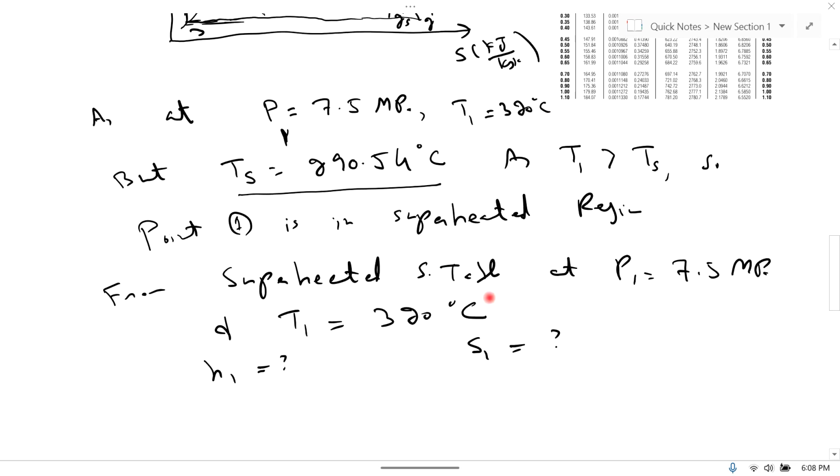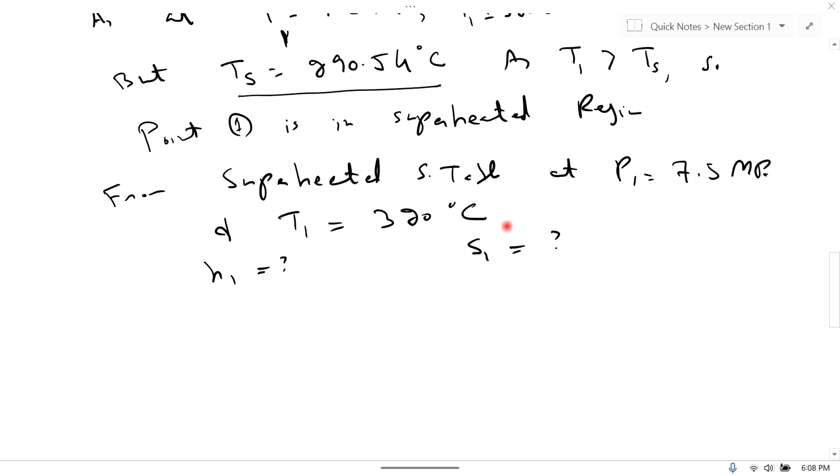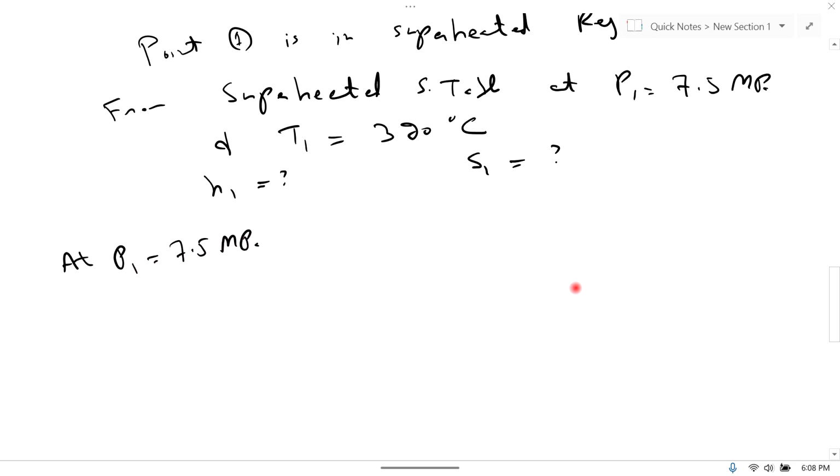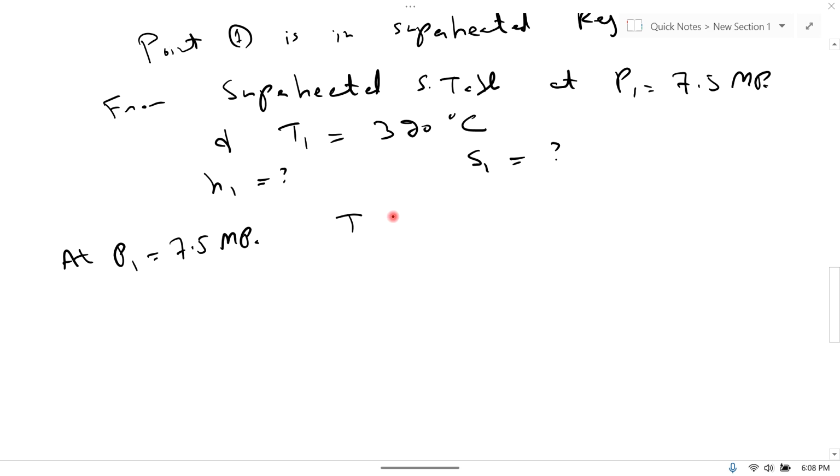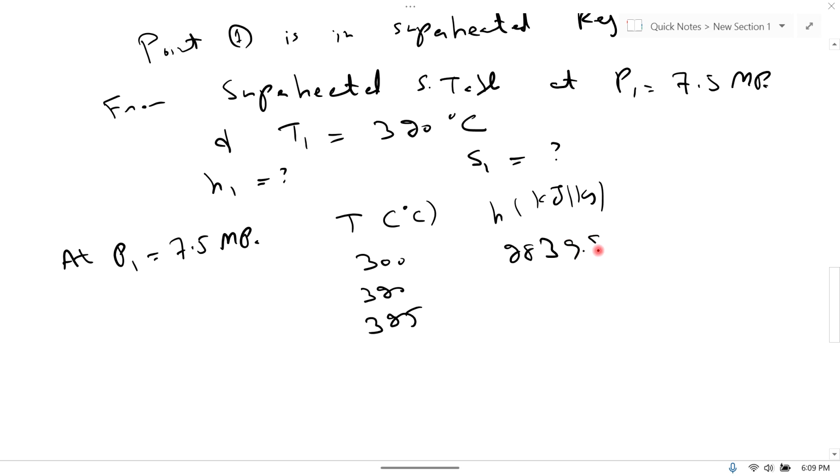So pressure P1 equal to 7.5 megapascal is available in the table, but the temperature is not available. In the superheated steam table, 300 is available and 325, and we have to find at 320. So we will interpolate. At 300 degrees centigrade, enthalpy is 3839.8.